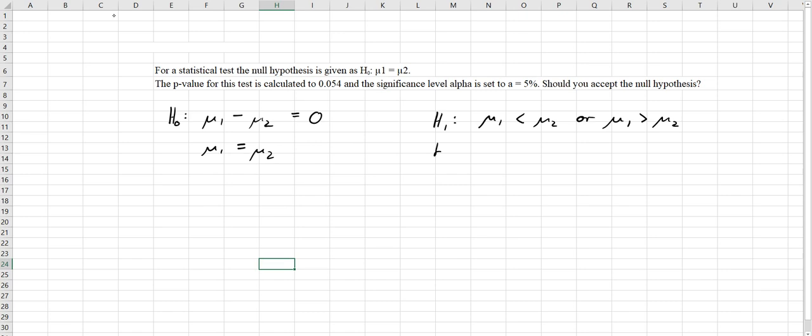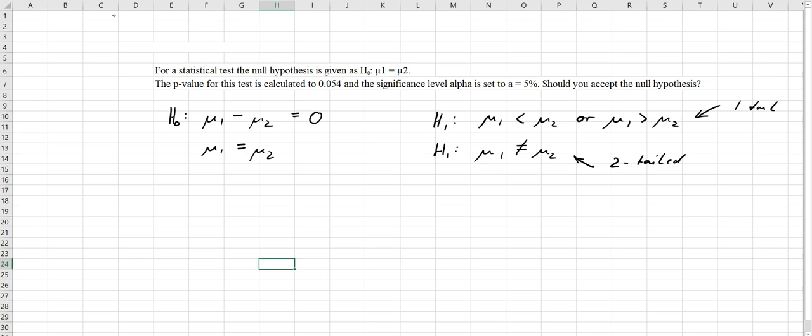Or we can simply say that the population means are different for the two populations. In the first case, we would use a one-tailed test. In this case, we would use a two-tailed test if we are testing that in a hypothesis testing.